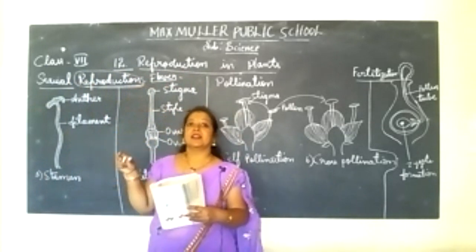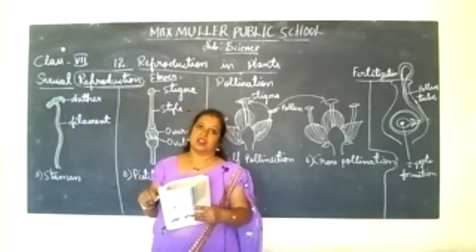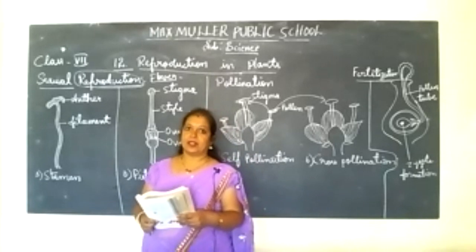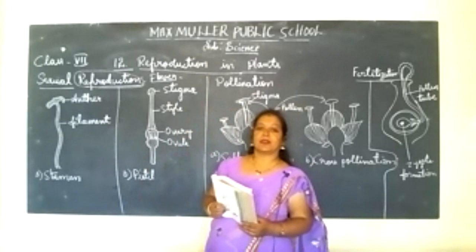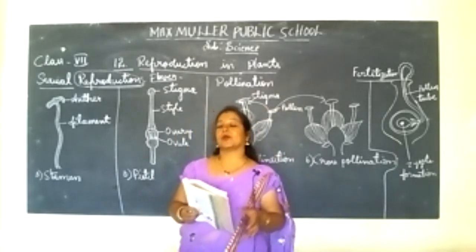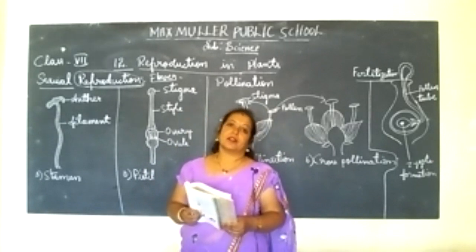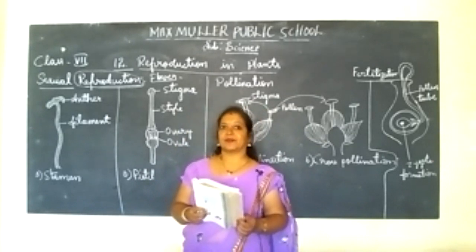Flower parts are included in this type of reproduction. So we'll study the flower and its internal parts, how it is able to produce the seeds, how fruits will be coming, and what process is going on inside the flower to form the seed. All those steps we are going to study in sexual reproduction.